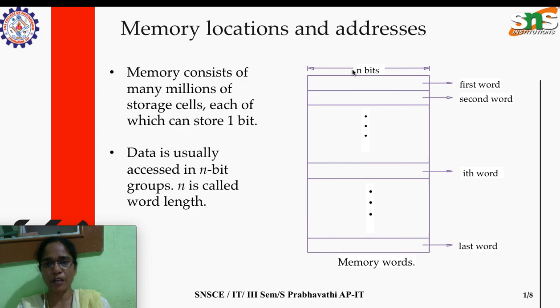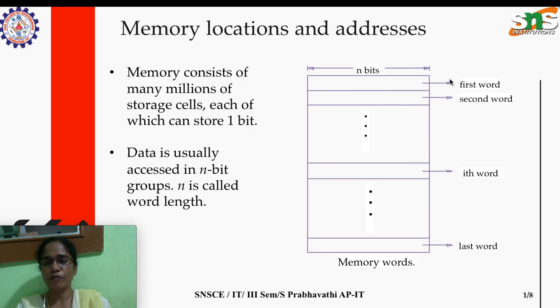Here n is the size of the word, n bits. That n may be a 2 byte word, and 2 byte in the sense 16 bits. 1 byte is 8 bits. So a word may vary in size, like 16 bits to 64 bits in size. These are the contents of information that get stored in our memory.